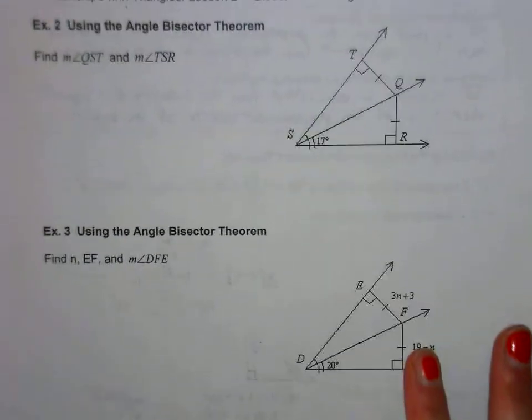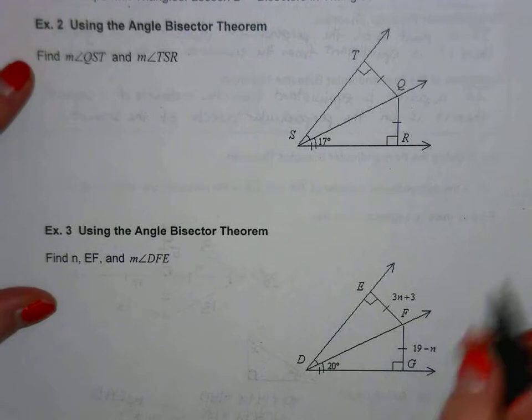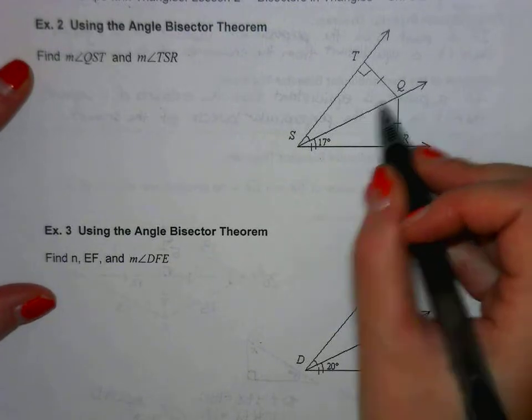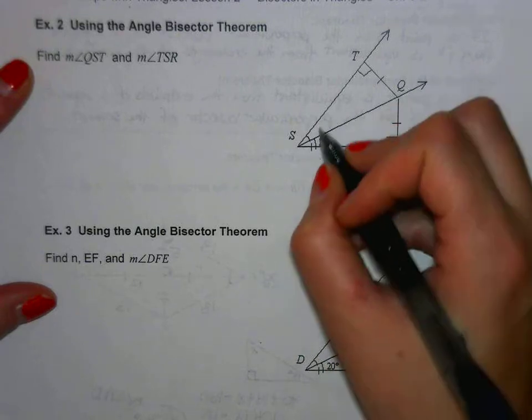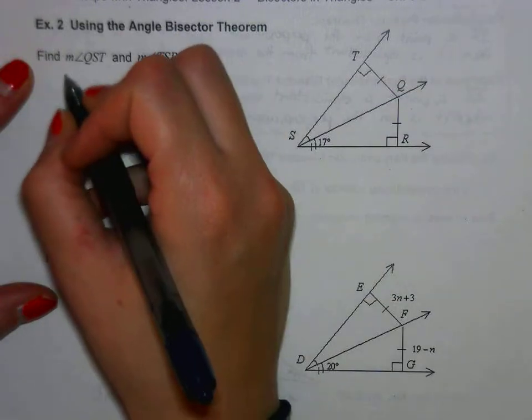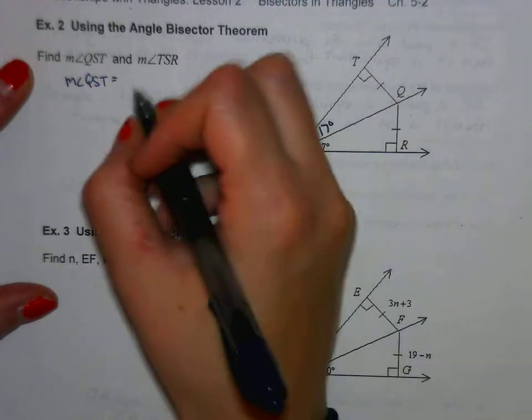So let's use the angle bisector theorem. Remember that stated that if a point is on the bisector of an angle, then the point is equidistant from the sides of the angle. So we want to find the measure of angle QST. So since this is our angle bisector, QST is also 17 degrees.